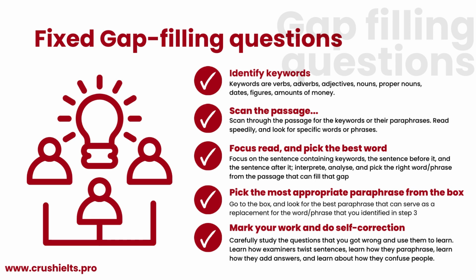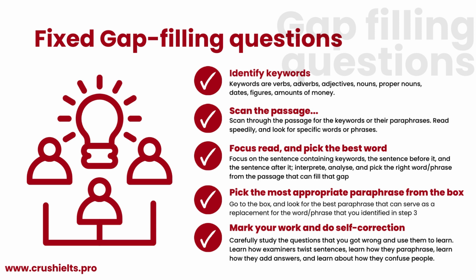Okay. Let me use another example. Let's assume that I see a word like eat in the passage. All right. I think that is the word that can be used to fill that gap. Now I will go and check the box and look for the best paraphrase for eat.